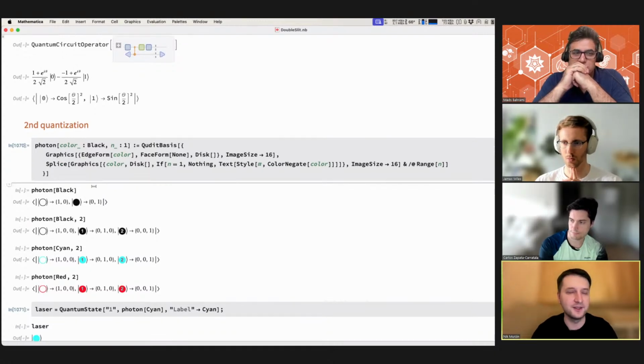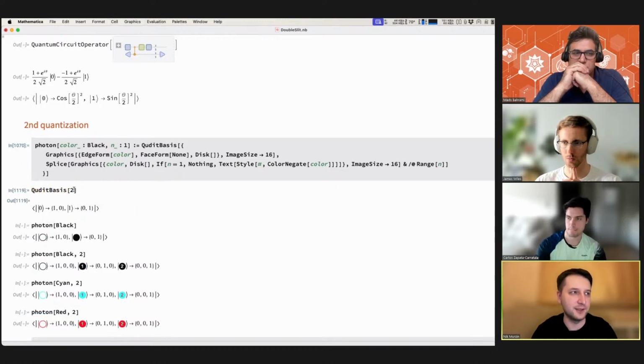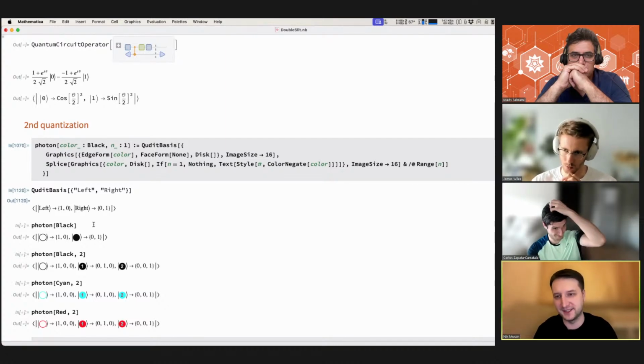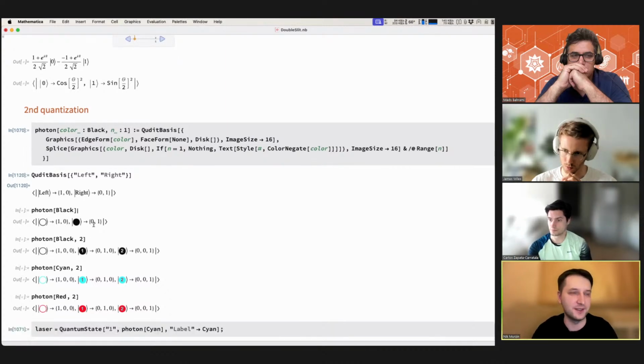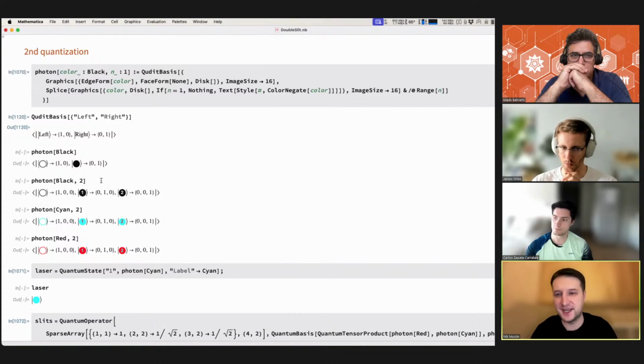Instead of the two-dimensional basis showing left or right path, you first encode the photon basis as just whether it's present or absent. You just have this second quantization that encodes the occupation number, essentially. But you can also specify more photons, because they are bosons, they can occupy the same state.